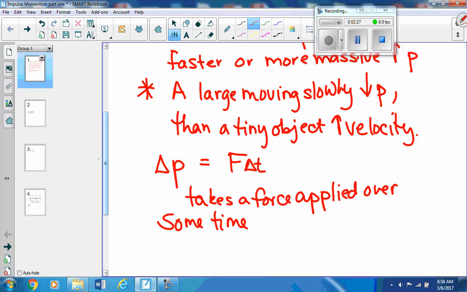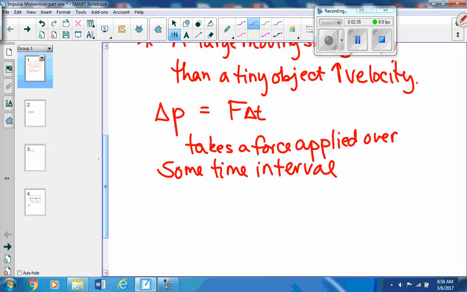We're going to get into a lot more as we go through what effect that has. But these are just the things that you should know. It relates to Newton's second law.